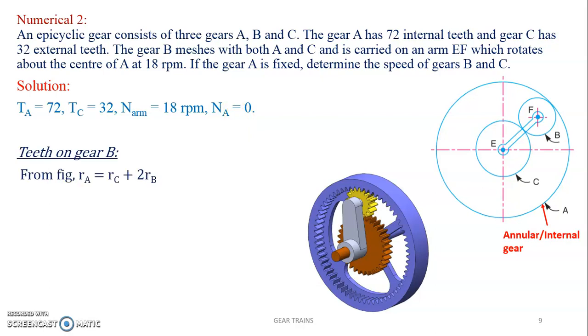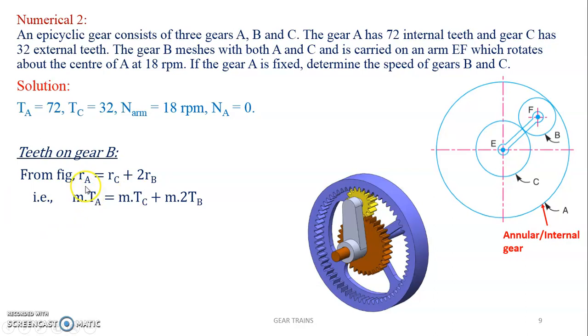From the figure we know that the radius of gear A is equal to the radius of C plus twice the radius of gear B. Hence I have written RA = RC + 2RB. Now the radius of a gear is given by module times number of teeth.